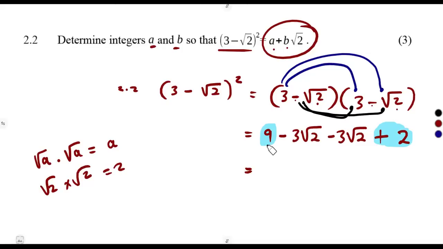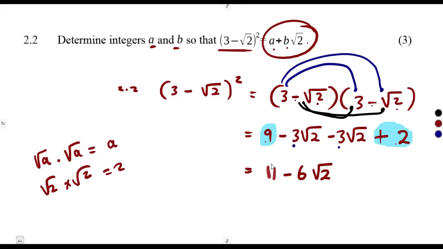So we add 9 plus 2, which is what? 11. For the square root part, you do the same. You just combine minus 3 and minus 3, which is what? Minus 6, under the square root of 2. Remember, the square root of 2 is the same, so you work with minus 3 and minus 3 as the coefficients, just like coefficients.